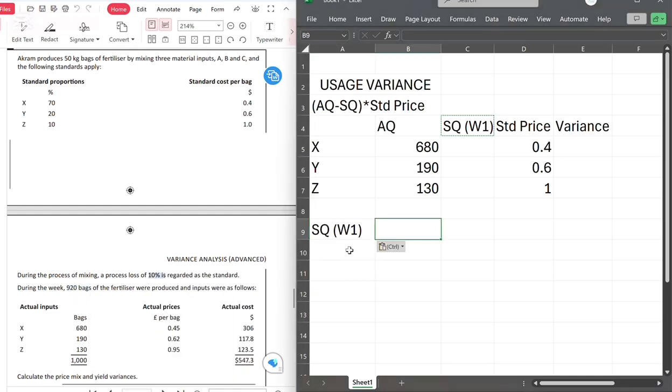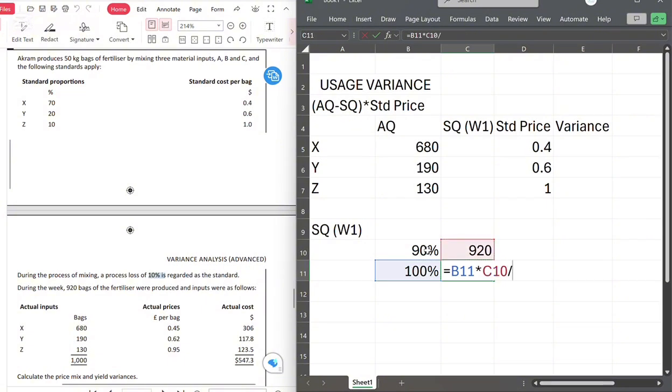We're saying that 90% is the 920 that we have, because there was 10% loss. So what is 100%? The total output would have been 920 divided by 90%. So if there was no material loss, we should have produced 1,022 bags of fertilizers.